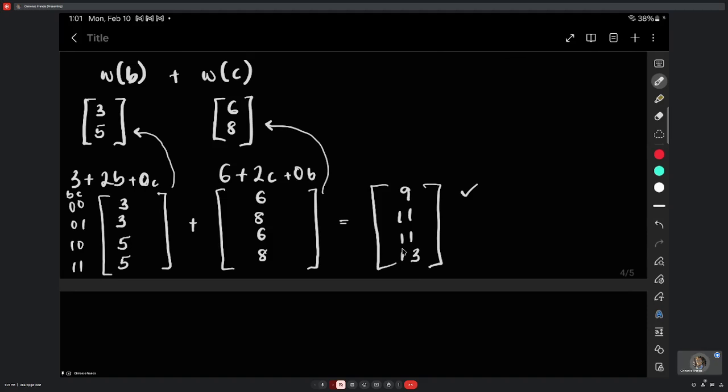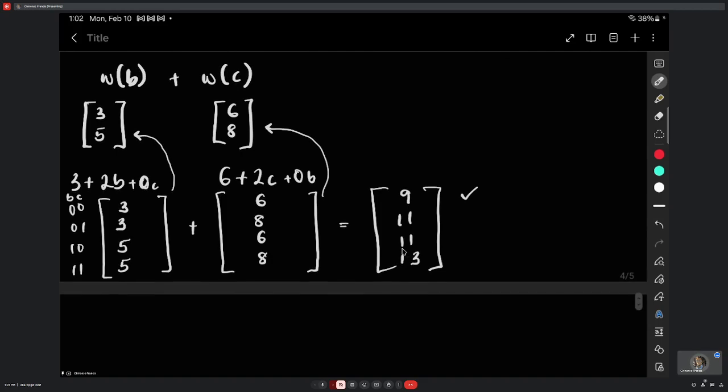It shouldn't even affect our original polynomial. Since the coefficient for C is 0, it doesn't matter. So it shouldn't affect the polynomial, how the polynomial was initially.